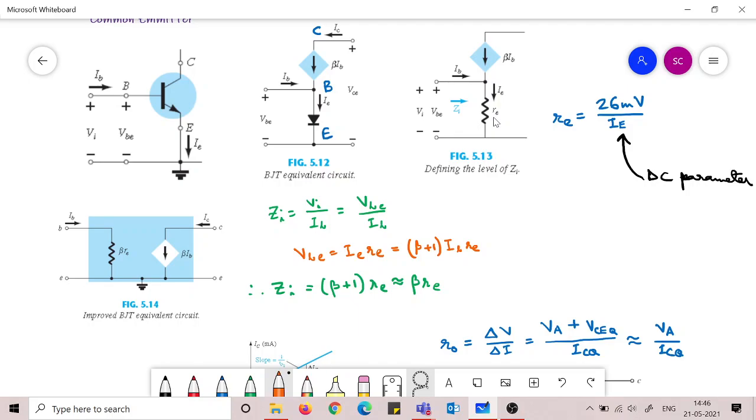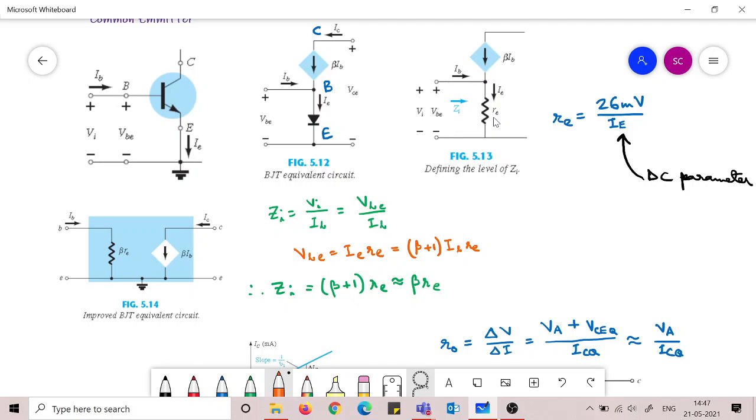This is the input side, V_BE, I_B, input of the transistor. What is the output? The output is I_C, and you can see this I_C is flowing. Okay. So now if we look from this side, what is Z_i? What is the input impedance that this I_B experiences?